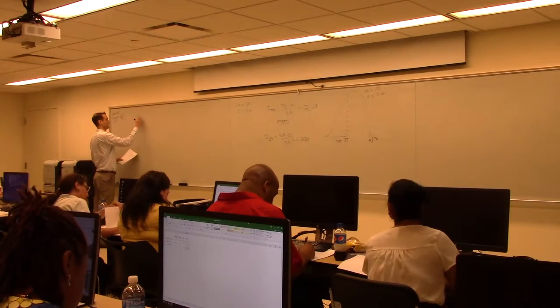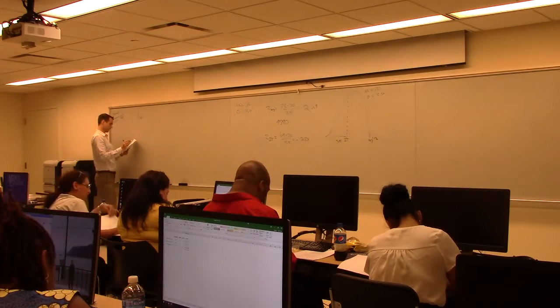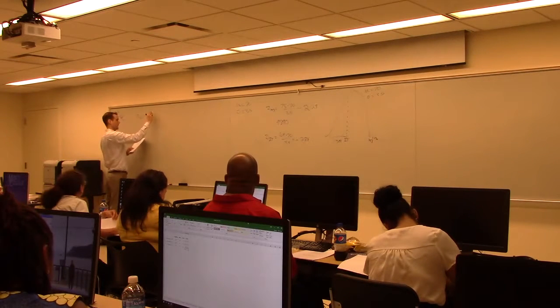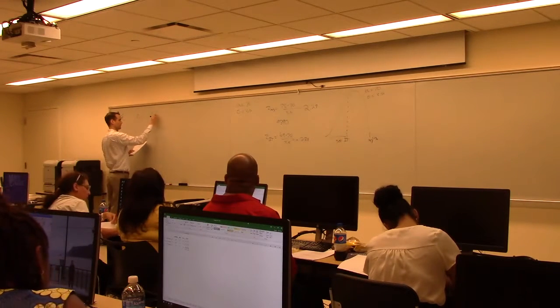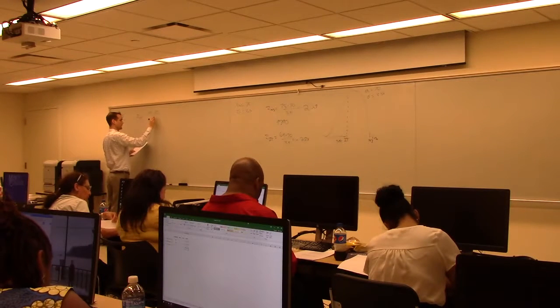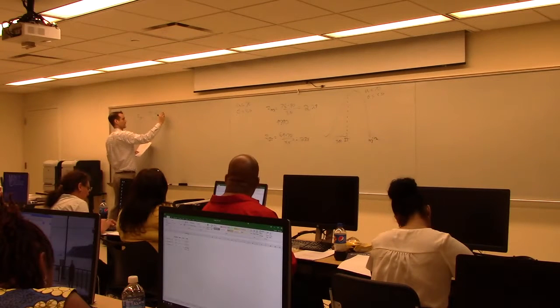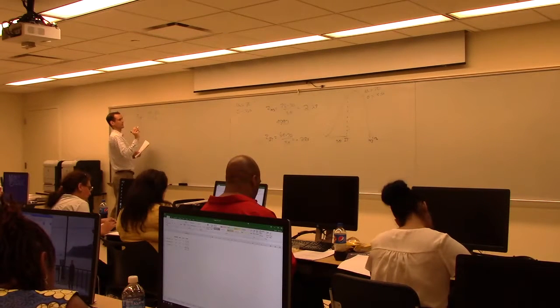Z-score for 19 is going to be 19 minus what? 23. Yes, divided by what? 3.6. 3.6, yes, equals... That sounds a bit high.